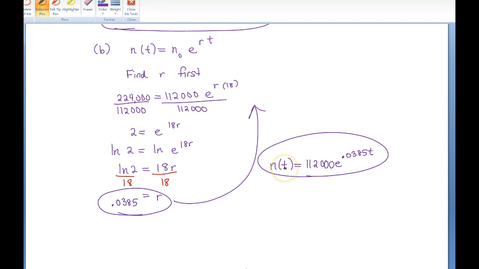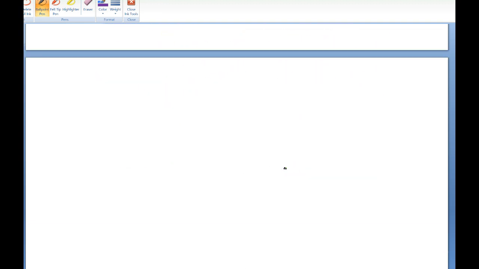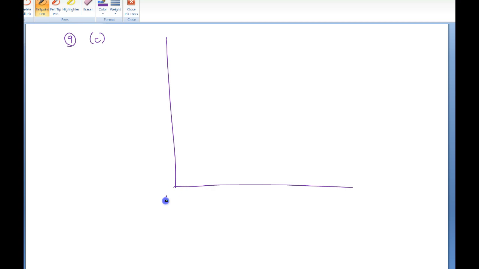Now, for part C, we want to graph that. So I'll do it down here. So this is 9C. So we started out in 2006.